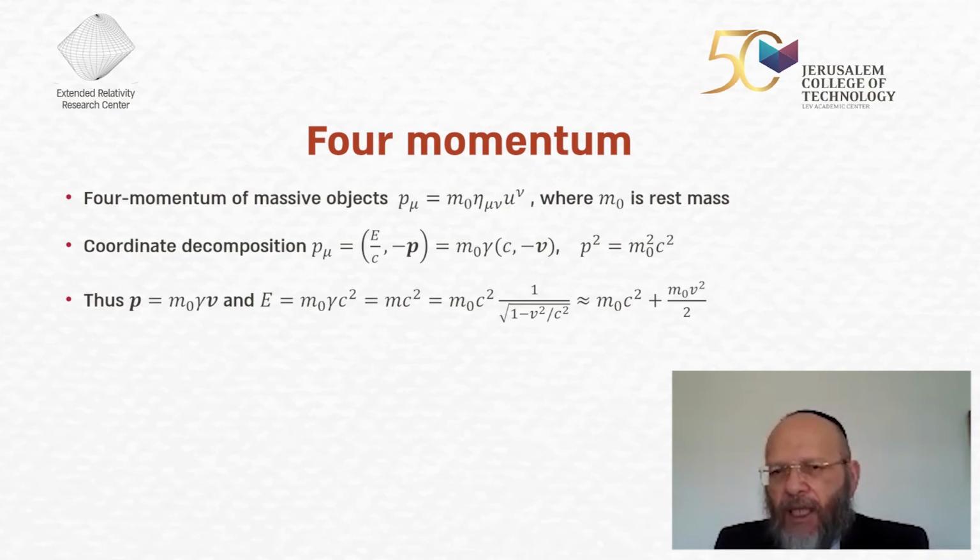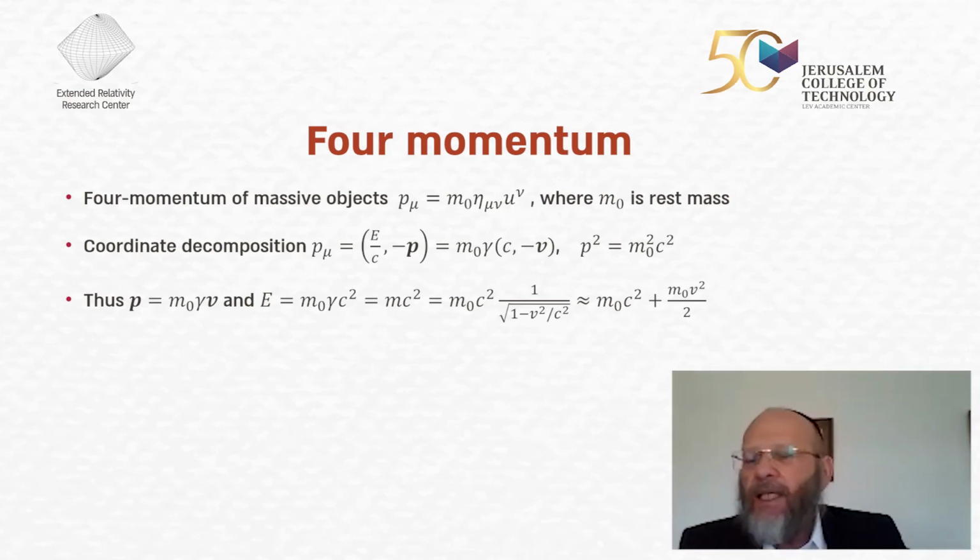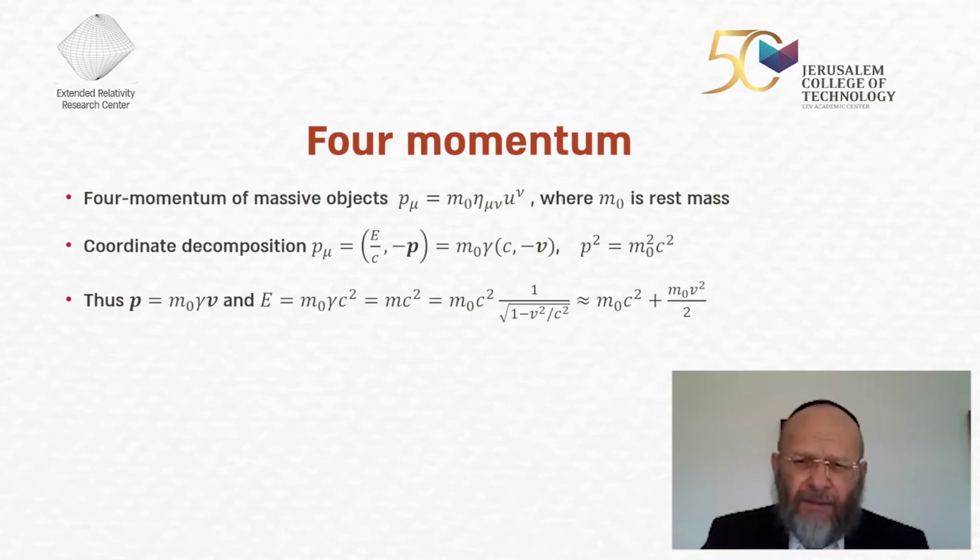All other terms will have c squared in the denominator, v squared with c squared, and therefore they will be relatively small. This is a constant term, independent of the velocity, but this is exactly the kinetic energy. That means the energy of an object is like the energy when its velocity would be 0, plus the kinetic energy. Therefore, this is the right definition for relativistic energy.